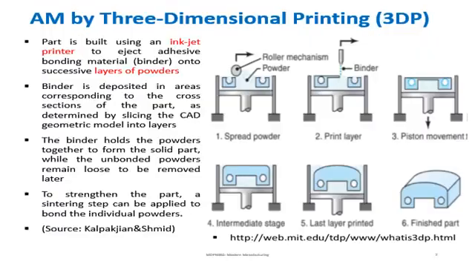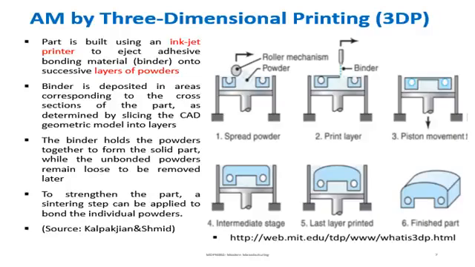Now we consider additive manufacturing by three-dimensional printing. We have to mention here that three-dimensional printing is used on the internet and in media to describe many additive manufacturing technologies, in fact, processes. But what we are going to discuss here is the original three-dimensional printing concept and idea.